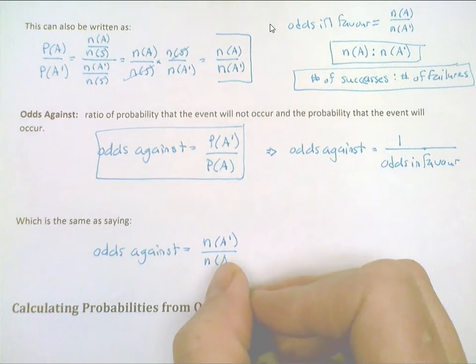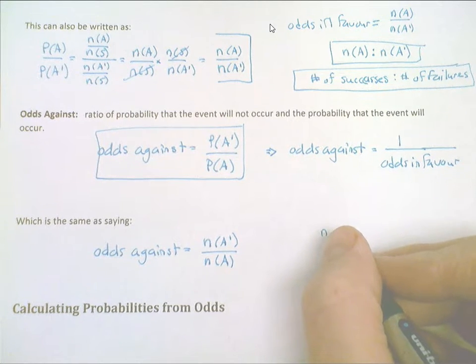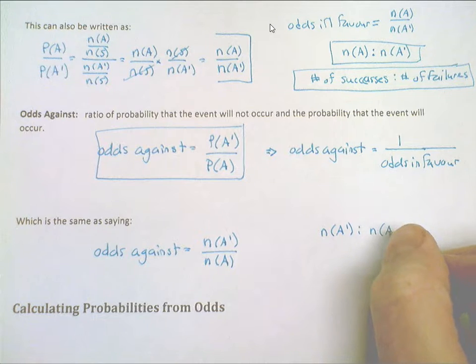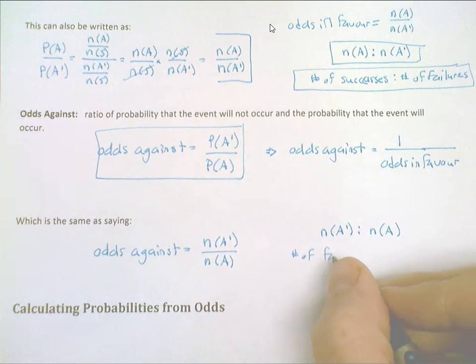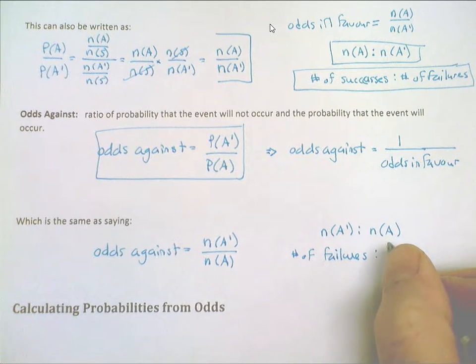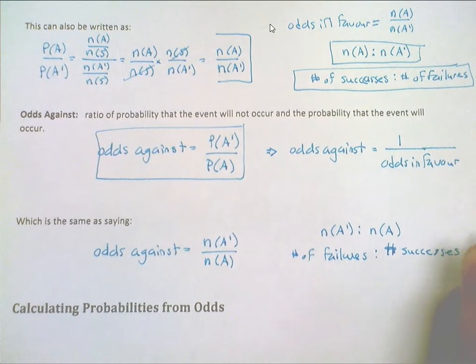That is then written as N(A complement) to N(A), or the number of failures to the number of successes.